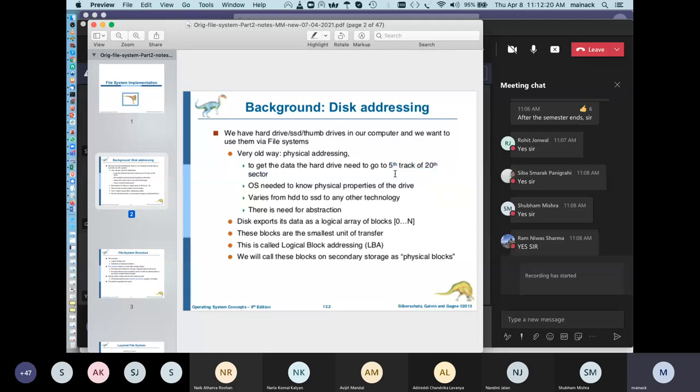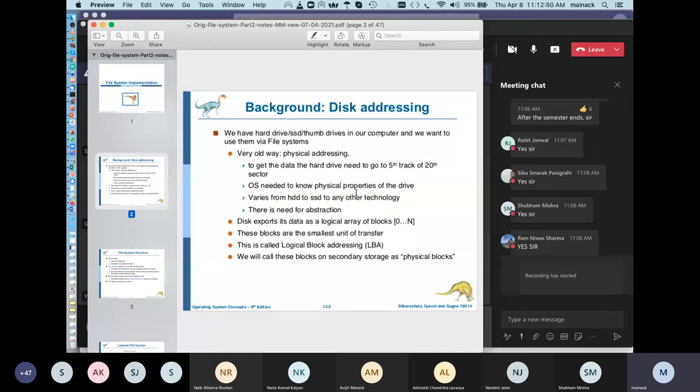That sounds like gibberish to anyone except the hard drive, even to the OS developer. That means that when writing an operating system, you needed to know the physical properties of the drive, because if there is a 5th track of the 20th sector, you might not ask for the 25th track of the 200th sector, because that might not exist on the hard drive your computer is using.